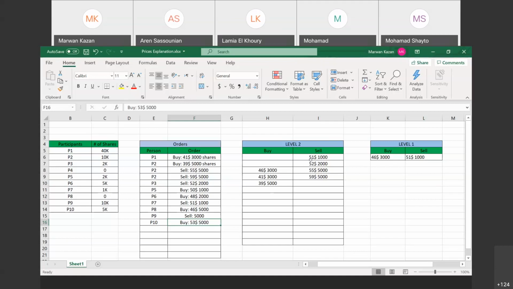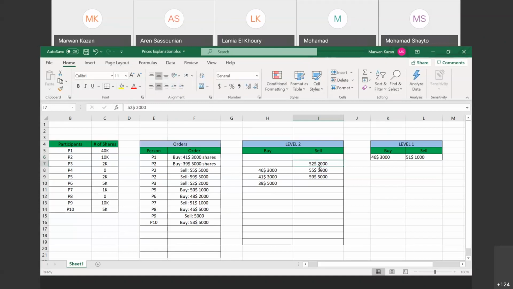If he can get 51, he will be happy. So his order will be filled and processed here. Why? Because he wants to buy at 53, but here he has the opportunity to buy at 51. So the broker will process his order. What will happen? Here he wants 5,000 and here 1,000 is gone. So this is good. Okay.